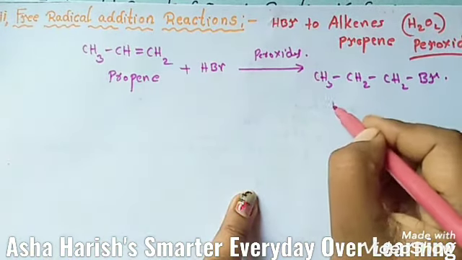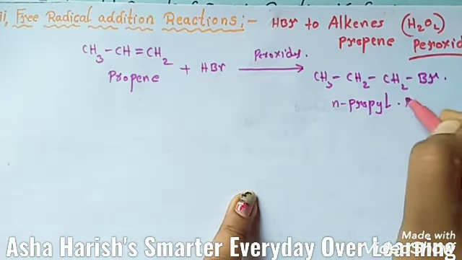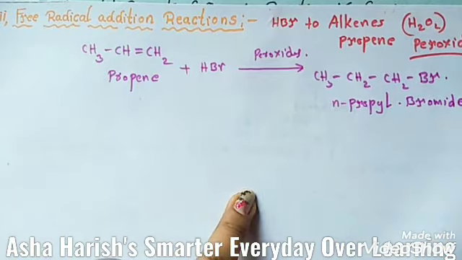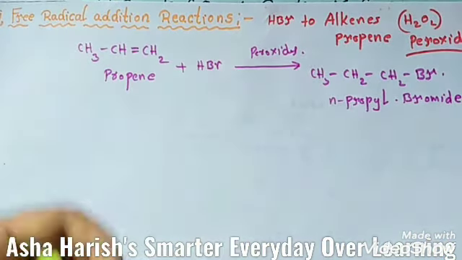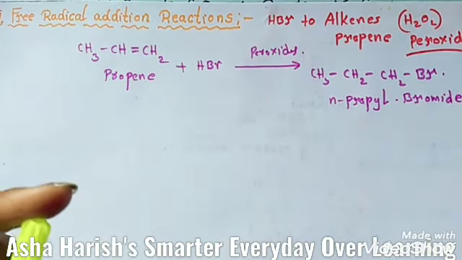So the name of this compound is N-propyl bromide.